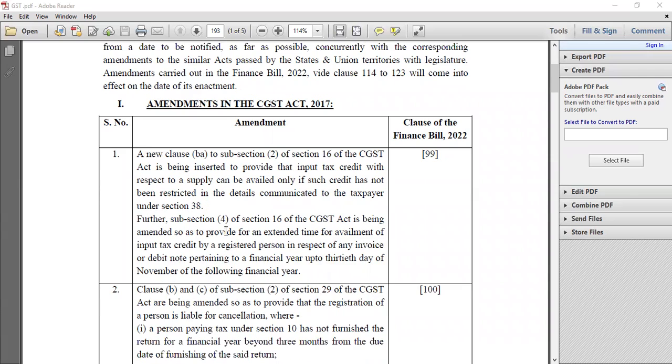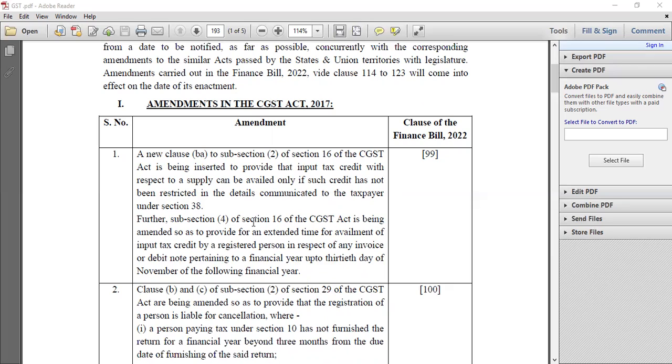Further, subsection 4 of section 16 of the CGST Act is being amended to provide extended time for availment of input tax credit by a registered person. The extended time is 30th November of the following financial year.